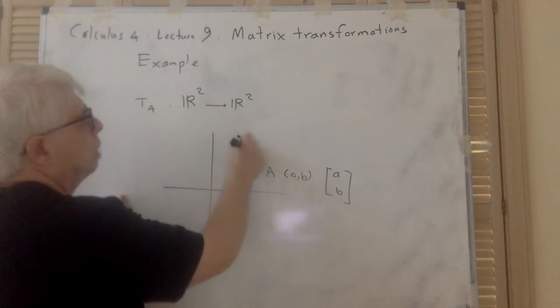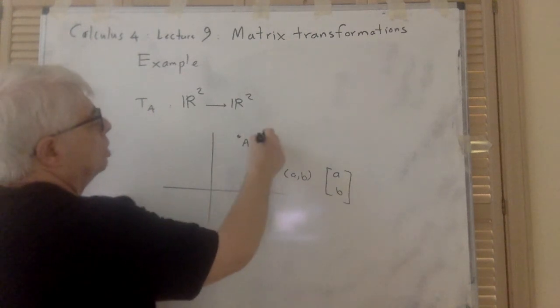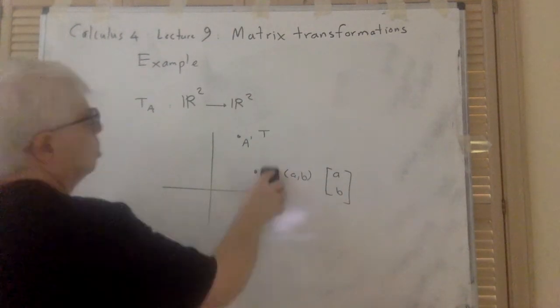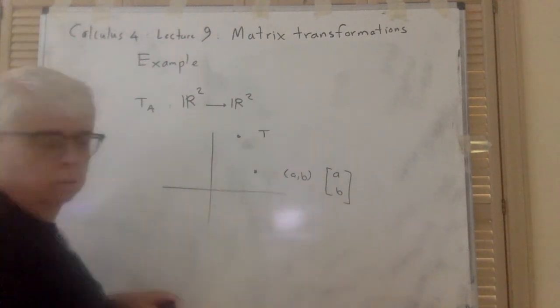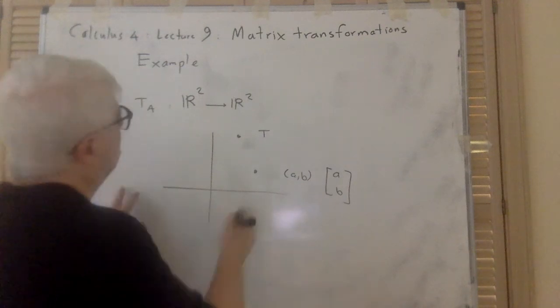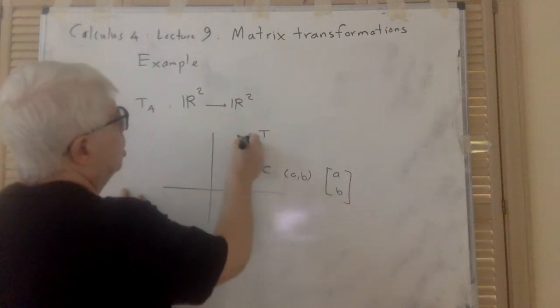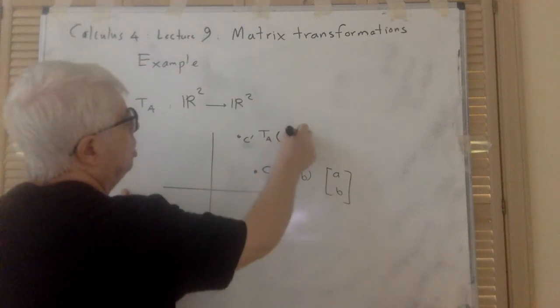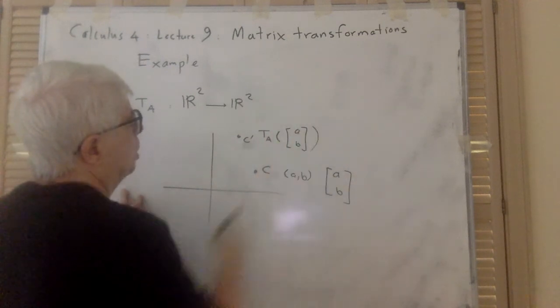It becomes A prime. Let's do something. Say, not A, B, let's say point C. Then this is C prime, and this is TA applied to AB. Okay?